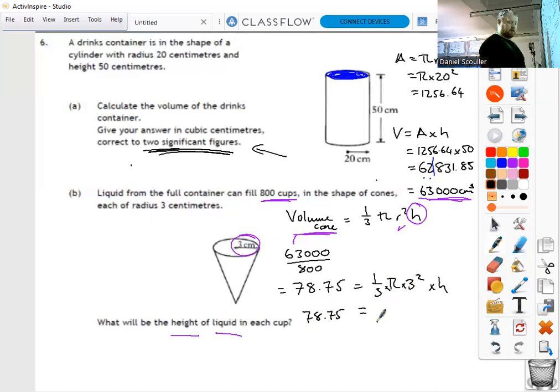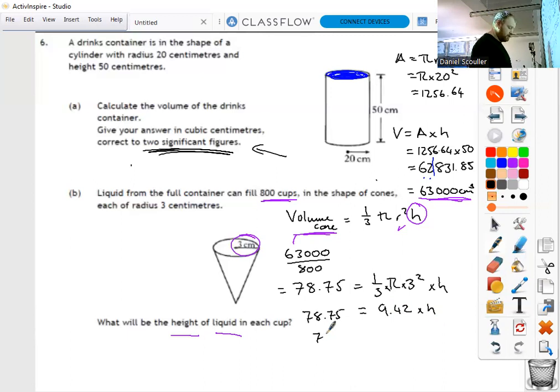78.75 is equal to, you can tidy that up a wee bit, 3 squared times pi, which is 9.42, times h.